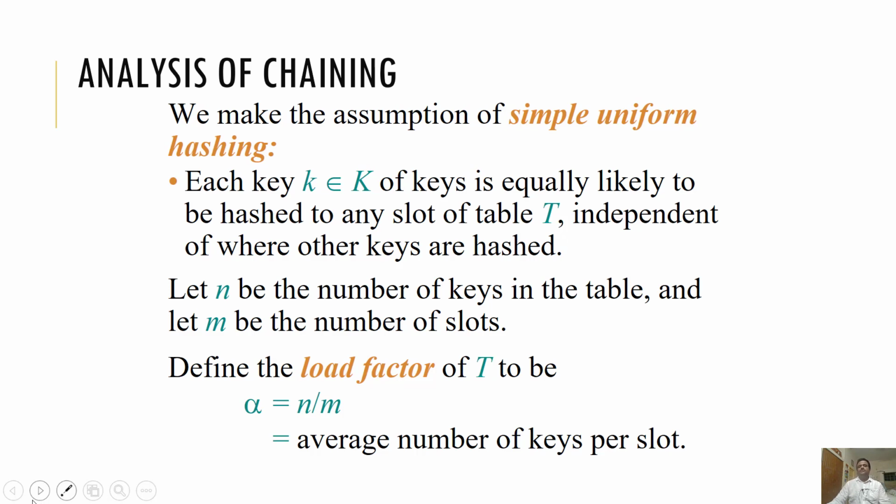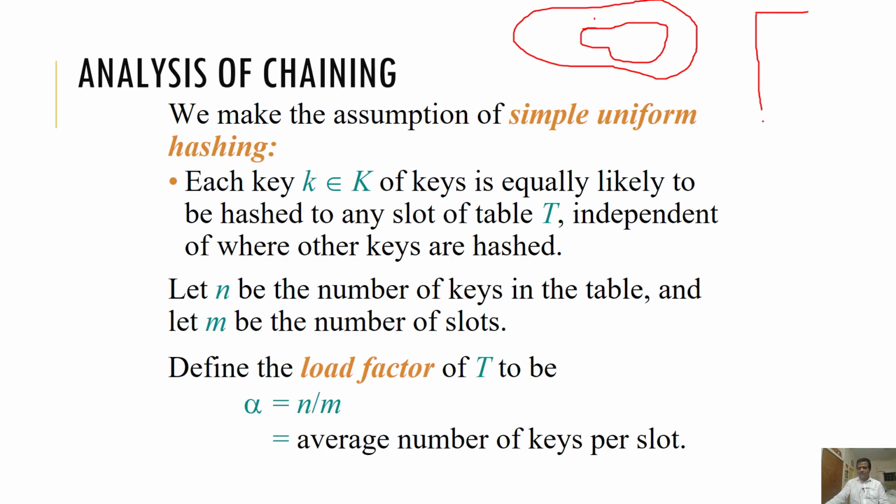Chaining will be there if there is a collision, and collision will be there because we cannot have a one-to-one mapping. Now the question is, suppose we have a set of keys over here and a universe of keys, and we are mapping them into these slots.